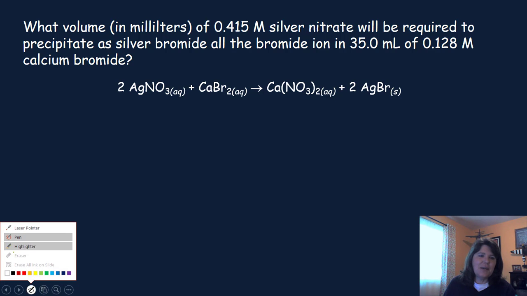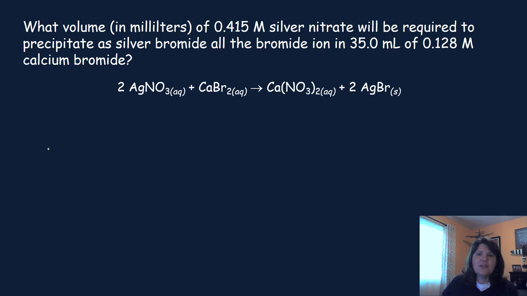Okay, so what volume in milliliters of silver nitrate? So I know I need milliliters of this. I happen to have a 0.415 molar solution of it. And I have 35 milliliters of a 0.128 molar solution.